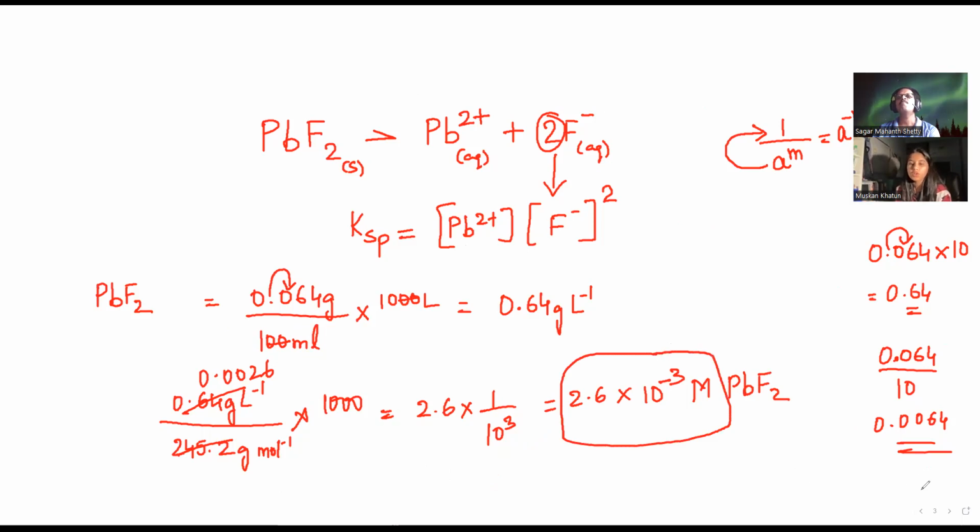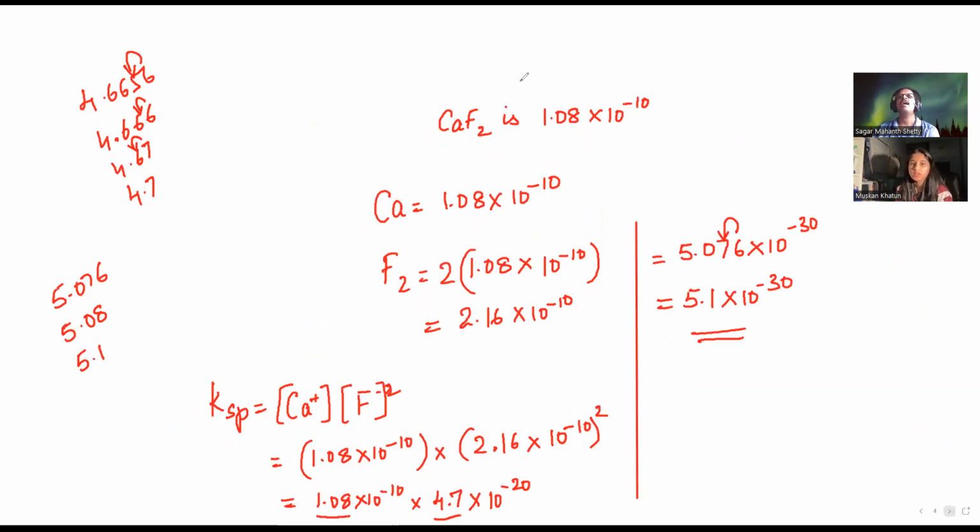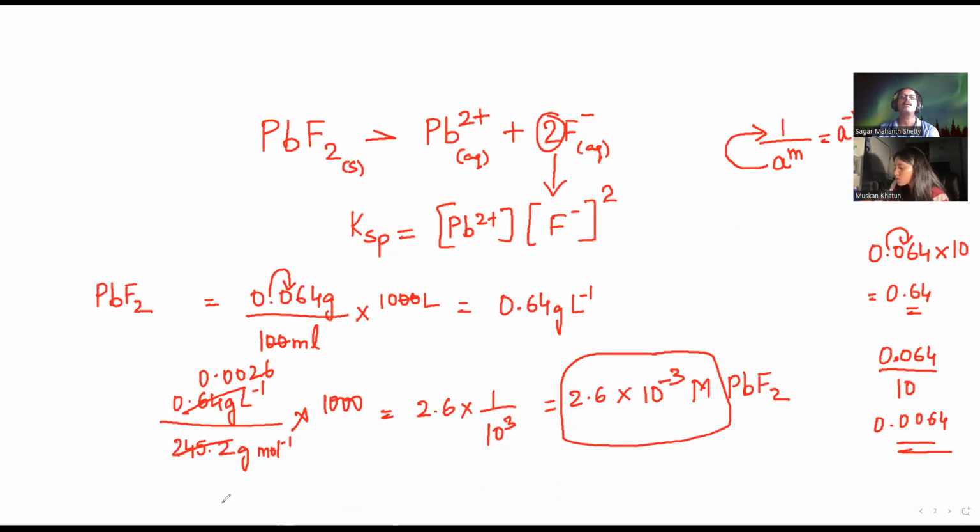So when molar value isn't given, that's when you have to do all of that. Then the weight will be given to you. Then you have to find out these calculations as well to get that answer separately for both lead and fluorine.